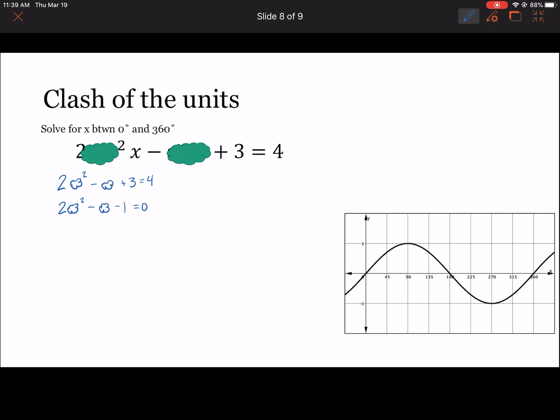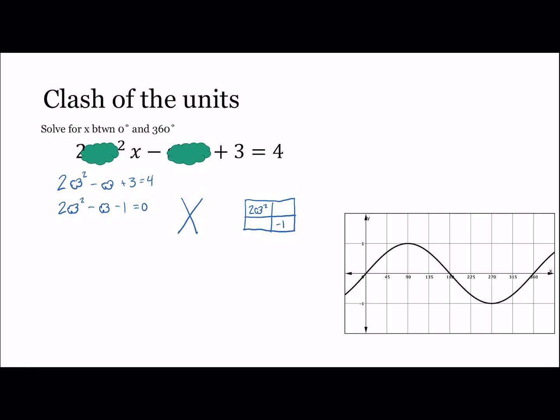And now I gotta factor this bad boy. So I need to think about my factoring area model. I'm gonna place my 2 blob squared and my -1 right away. Refresh yourself: first term is always the first 2 together, last term is always the 2 constants together.